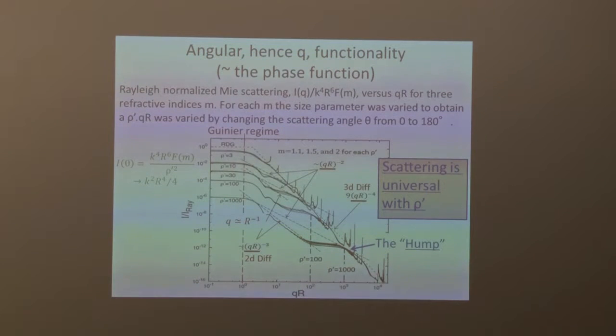Now, the other very complex, very loaded with information slide is this one. So I'll sort of go through it again. This is the phase function. But we've normalized, again, by the Rayleigh cross-section.